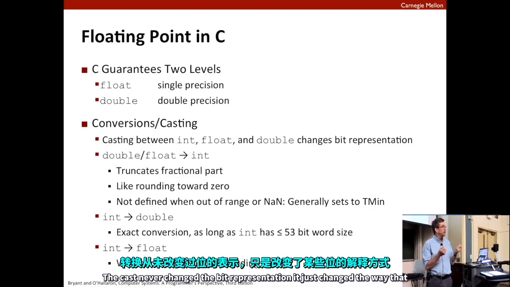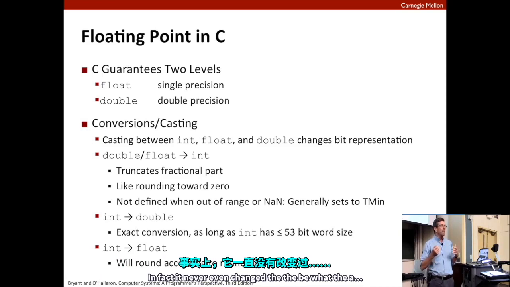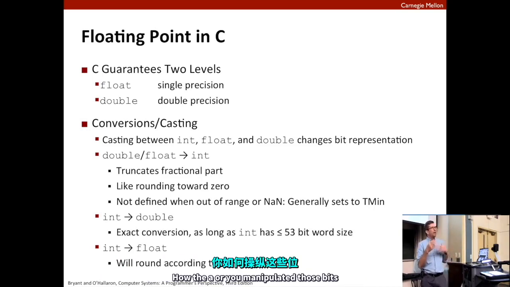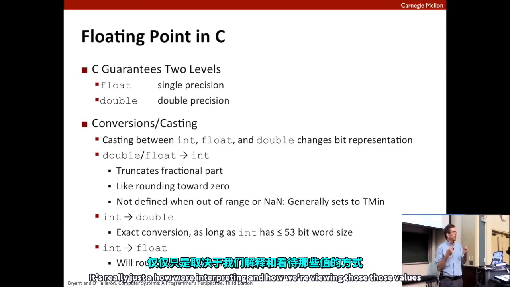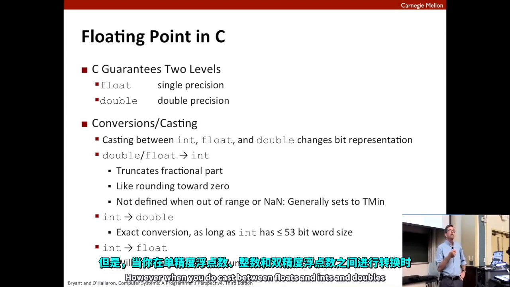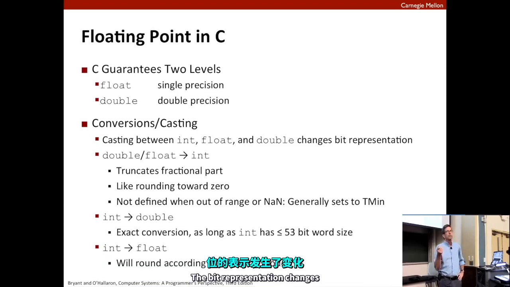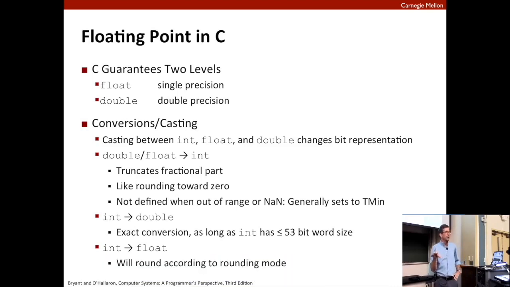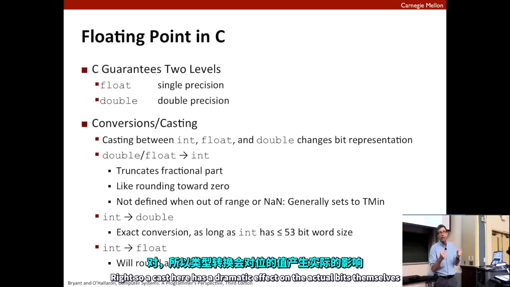The cast never changed the bit representation, and in fact, it never even changed how the ALU manipulated those bits. It's really just how we're interpreting and viewing those values. However, when you do cast between floats and ints and doubles, the bit representation changes. So a cast here has a dramatic effect on the actual bits themselves.